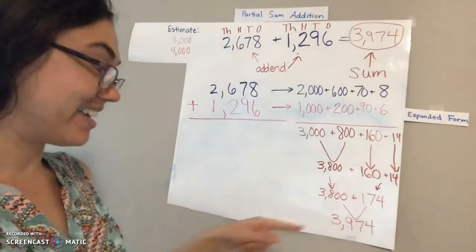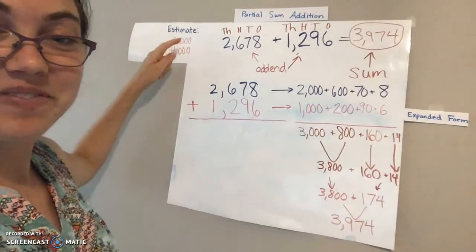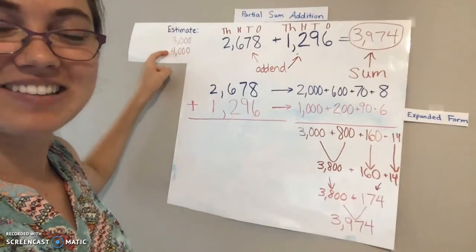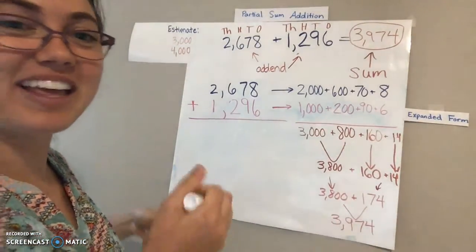Wow, and look, when we check it with our estimation, 3,974, it's in between 3,000 and 4,000. Was our estimate close? It sure was.